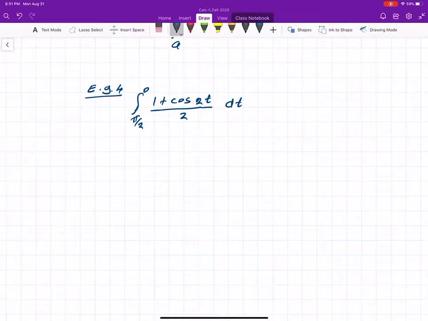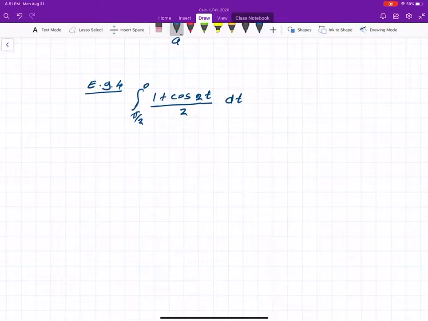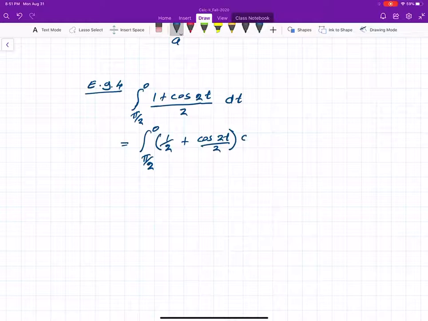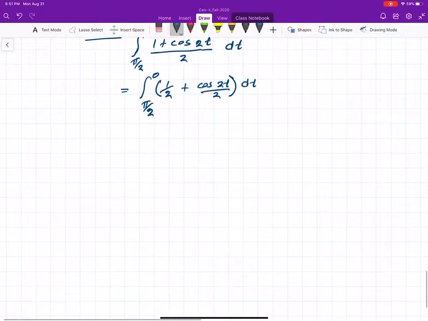This is called the integrand, and it has two separate functions, so you can integrate them separately. The integral from pi over 2 to 0 of half plus cos 2t over 2.